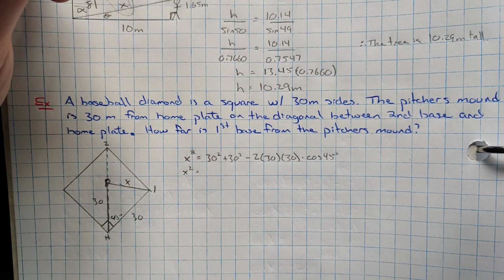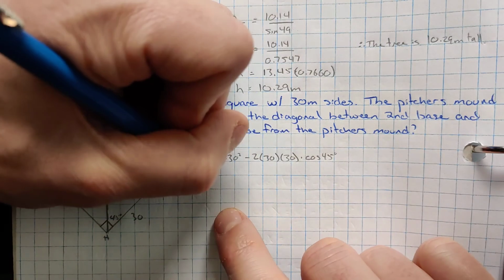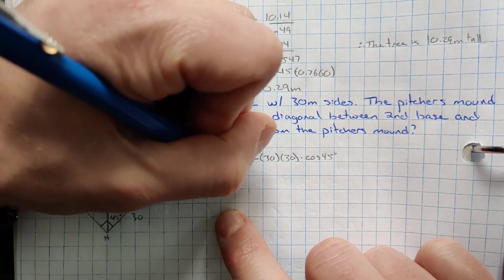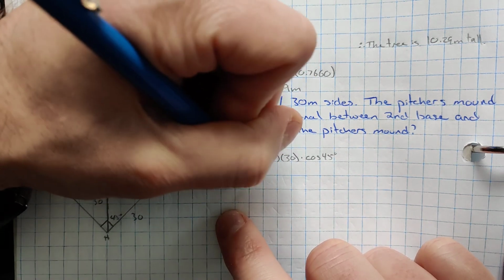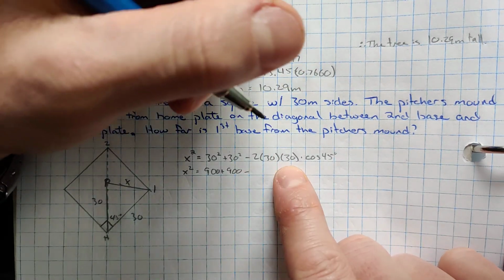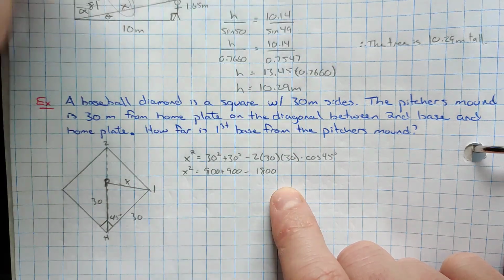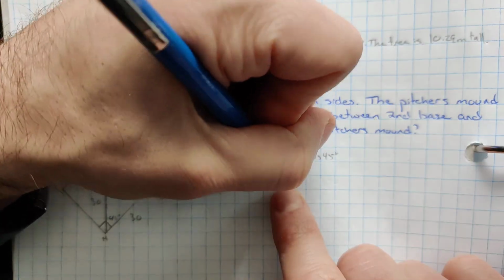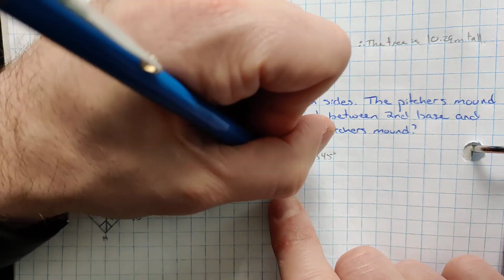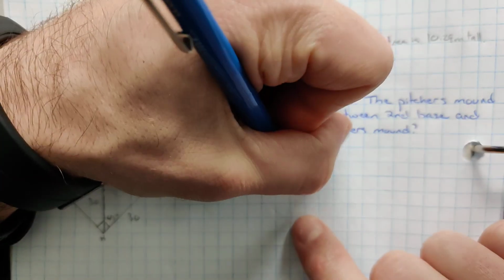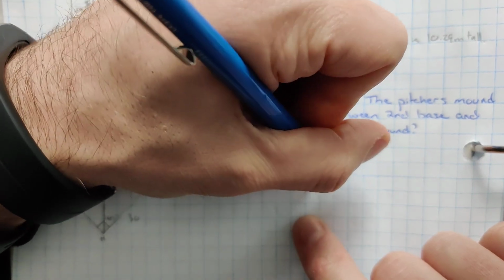So 30 squared is going to give us 900 plus 900 minus 2 times 900, which is 1800, times the cosine of 45, which is 0.7071.